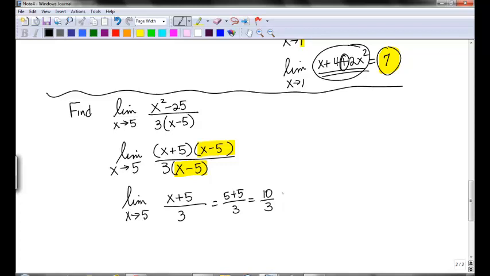The author is not going to tell you this, but you have to know to put parentheses around the numerator, x squared minus 25, divided by parentheses 3, parentheses x minus 5, close the parentheses.